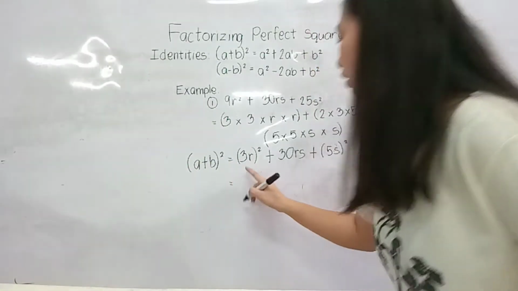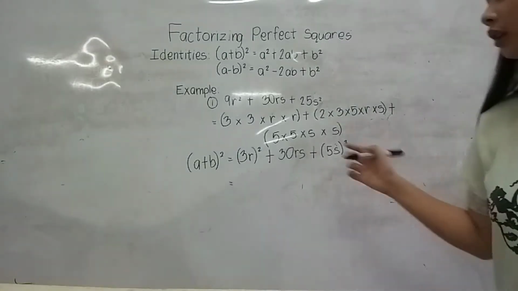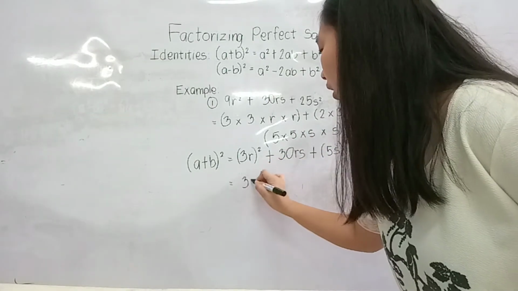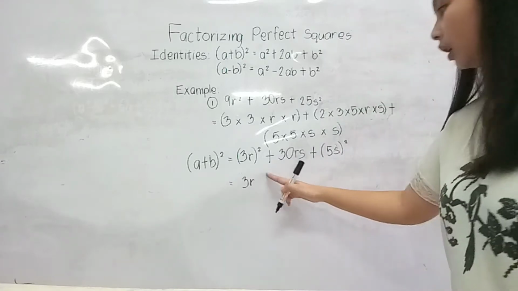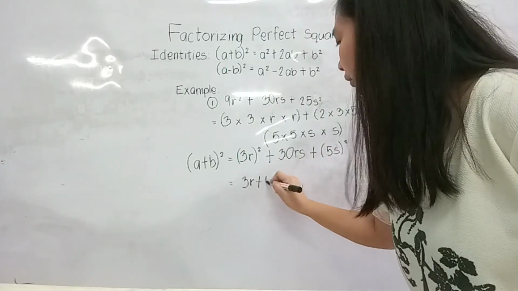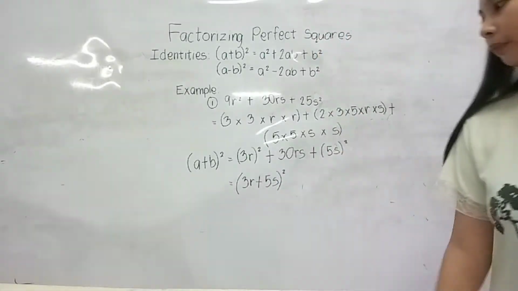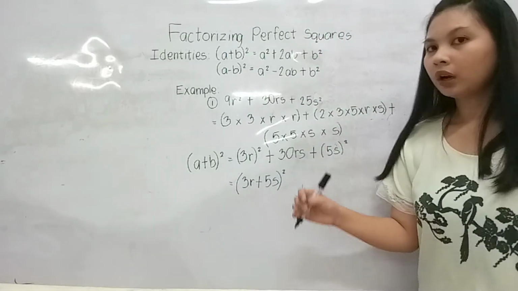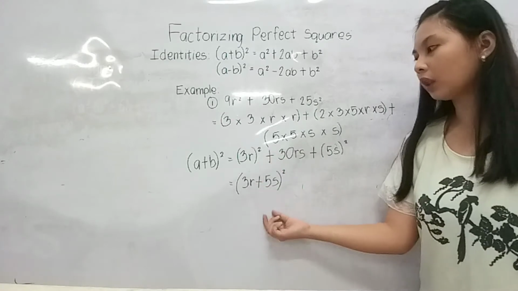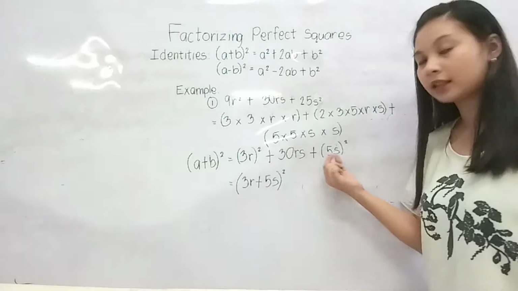Ipa-factorize natin itong given natin. We will have (3r plus 5s) squared po. Dito, kung mapapansin nyo, ang kinuha ko lang is yung ating first term and last term po.